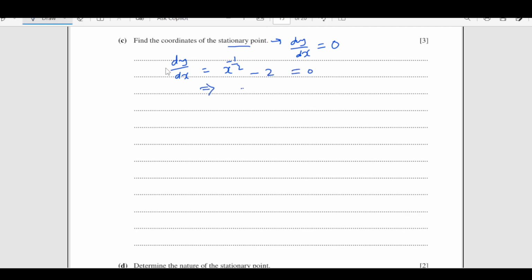From here, 1 over square root of x is equal to 2 over 1. Now, cross multiply: 2 square root of x is equal to 1, square root of x is equal to 1/2, and squaring both sides gives us x equals 1/4.